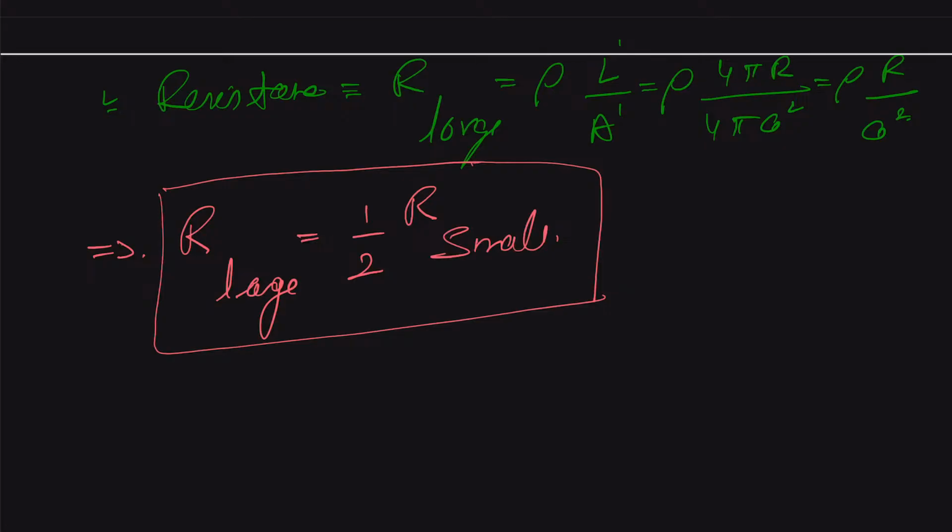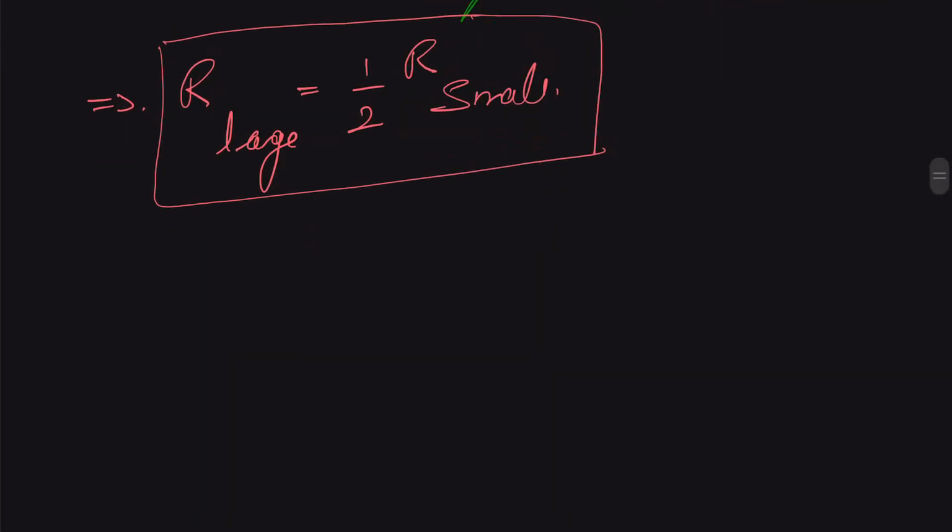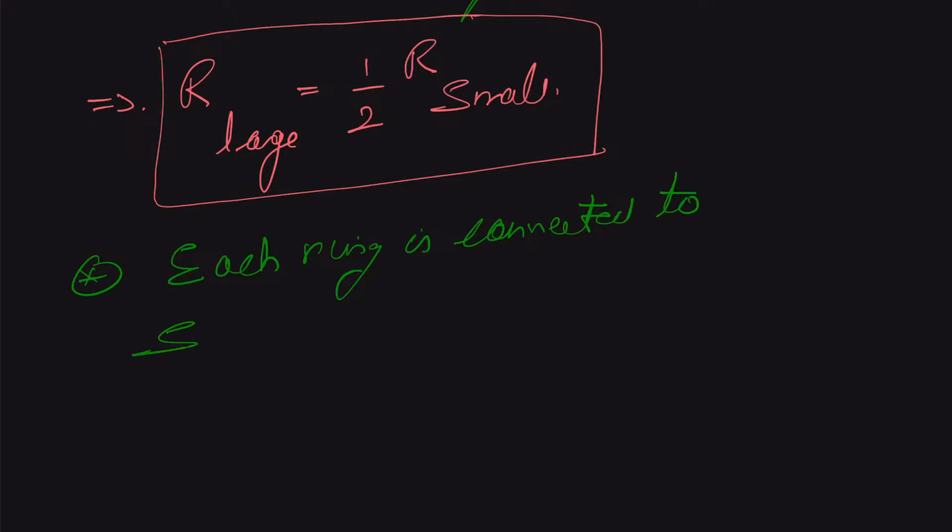And we are given that both are being driven by the same voltage. So we are given that each ring is connected to the same voltage.